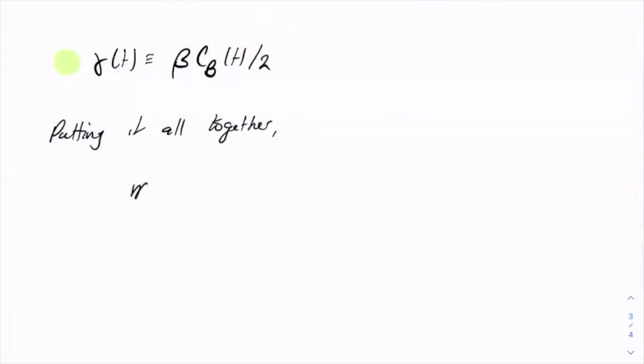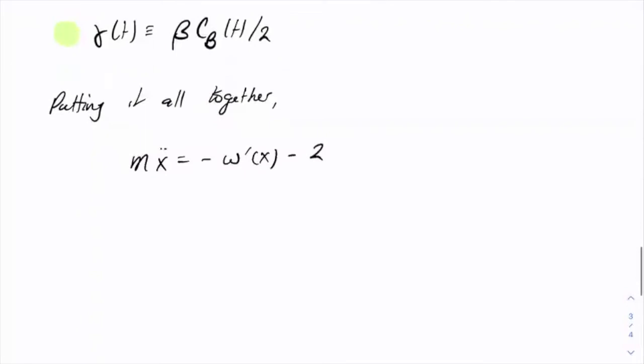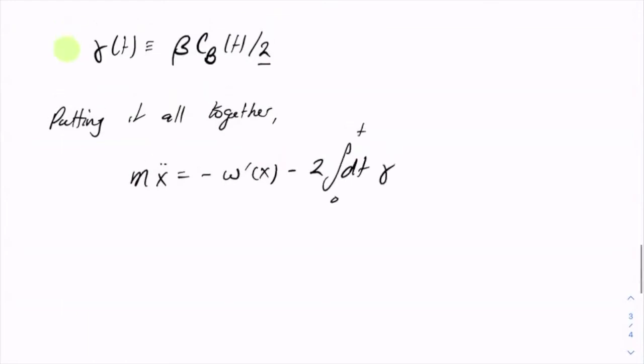we find an equation of motion for the solute equal to minus the derivative of the potential of mean force, the renormalized potential having integrated out the bath, minus twice, through this definition of gamma, an integral over time, gamma of t minus t prime, x dot of t prime, plus R of t.